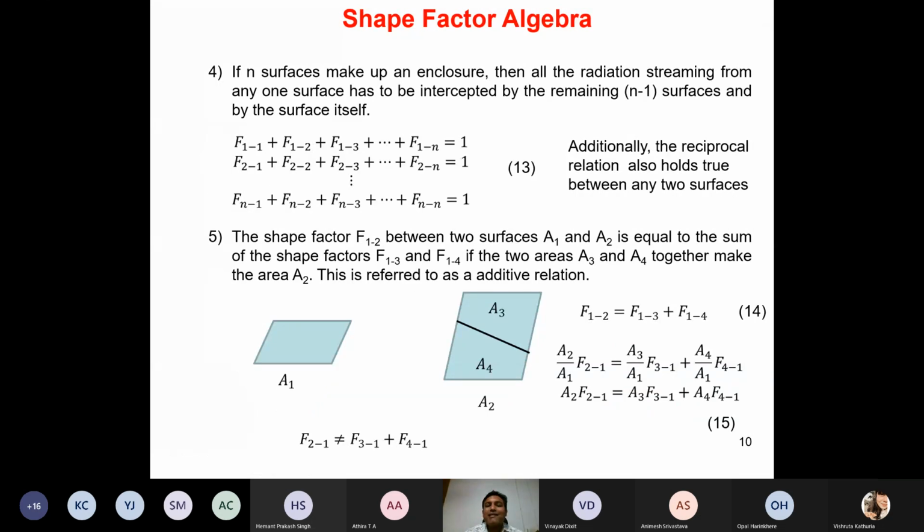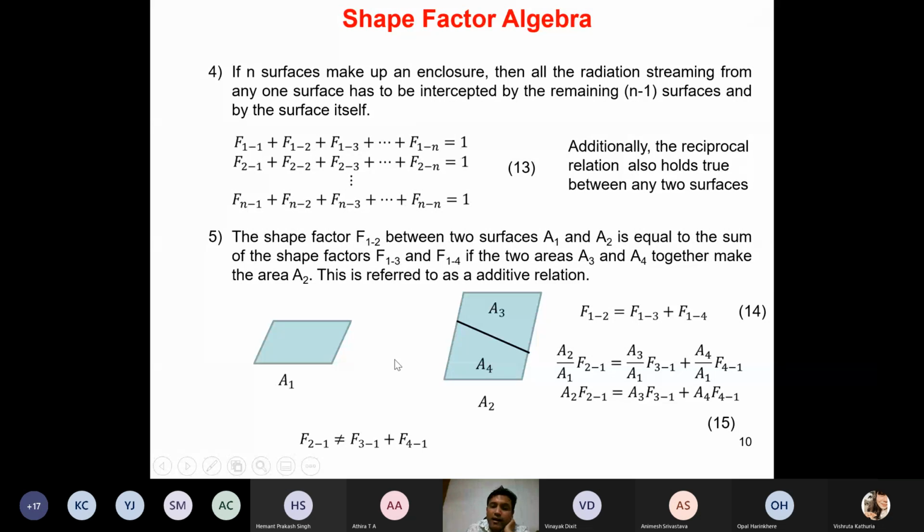The last condition is the shape factor F12 between two surfaces A1 and A2 is equal to the sum of the shape factors F13 and F14 if two areas A3 and A4 together make up the area A2. So basically, suppose this A2 is made up of A3 and A4, isn't it?